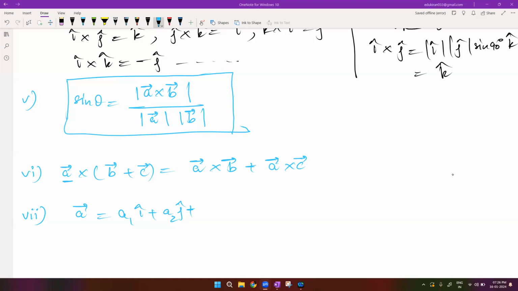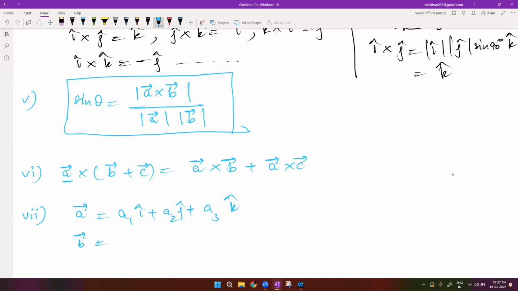Yeah. So the sixth property was that cross product is also distributive, just like dot product, right? Then the seventh property is, let's say, if two vectors are given, we have understood how to define vector product, right? But if theta is not given, that is, the angle between the two vectors is not given, then how would we find the cross product? So take this case, for example.